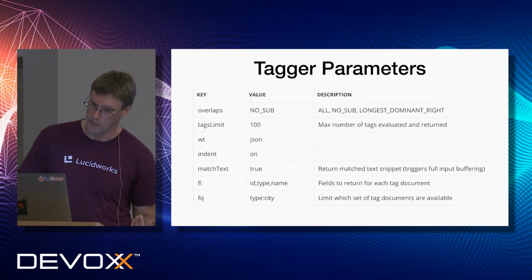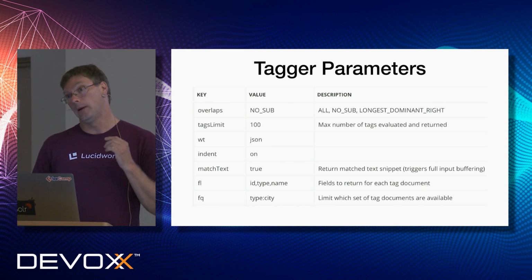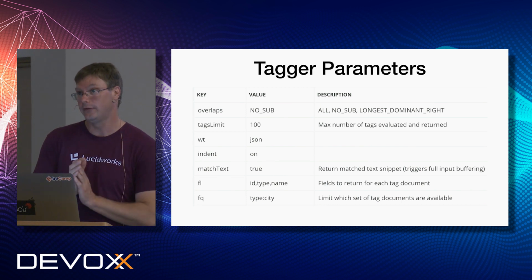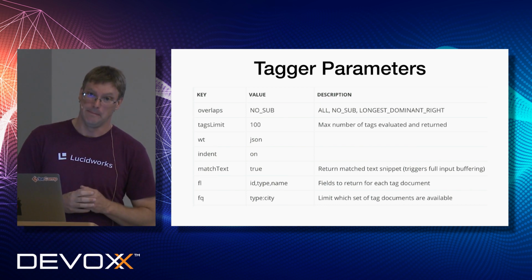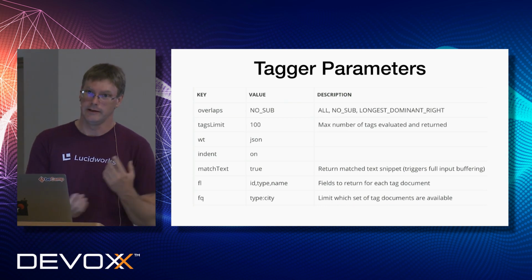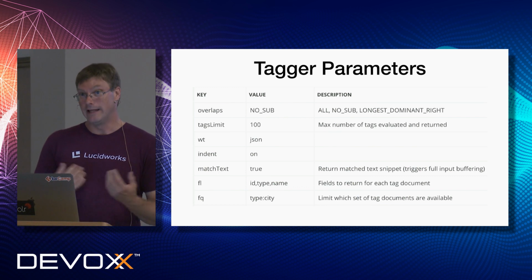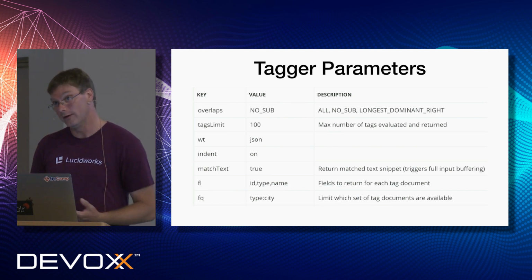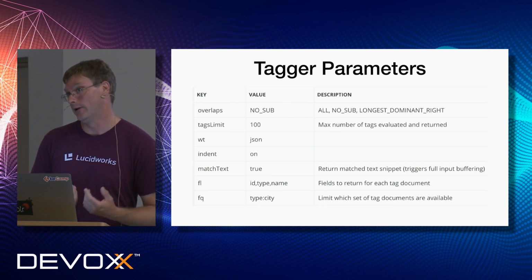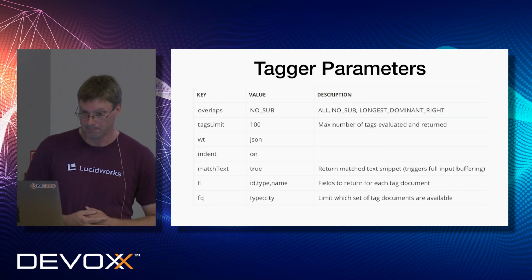The tagger itself has some switches here. I'm not going to go into great detail on this, but the idea is that you have some options on how it tags things. For example, there's a brand of linens called White Linen, like sheets and drapes and things like that for your home.